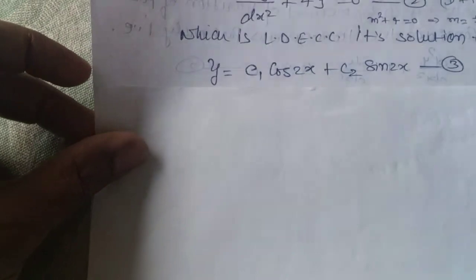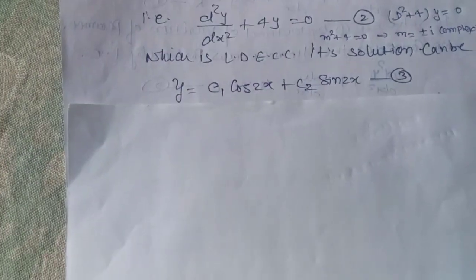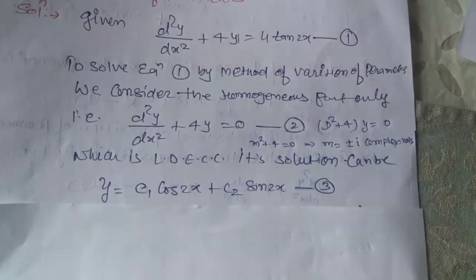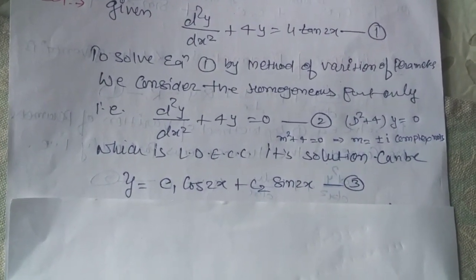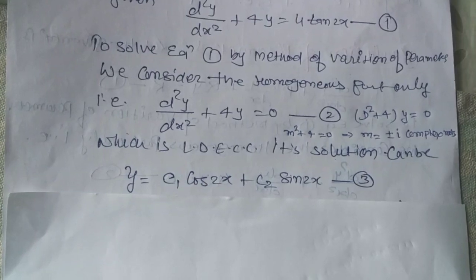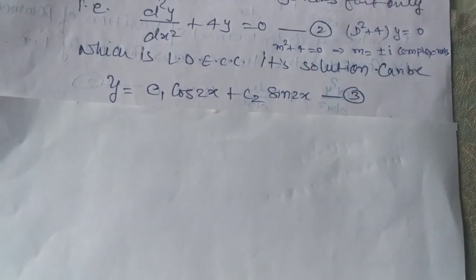Now parallel to this solution, we consider the complete solution of equation 1 by replacing C1 and C2 with A and B, the arbitrary functions of x.